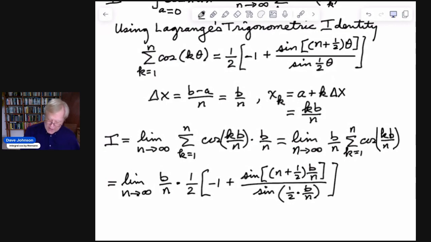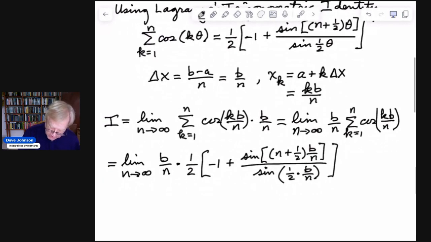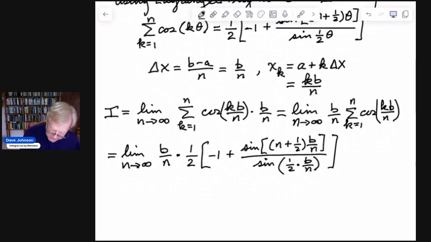And close bracket. Okay, now simplify things a little bit. I'm going to go ahead and bring the b over n times 1/2 inside the brackets and keep writing the limit here. So limit as n goes to infinity of, and let's just write it this way.